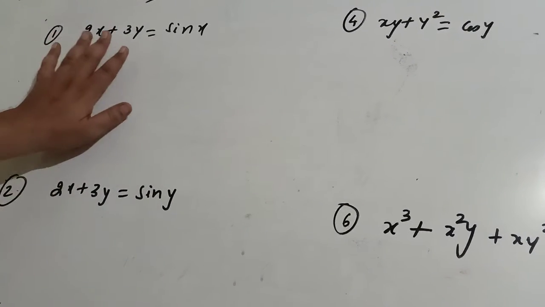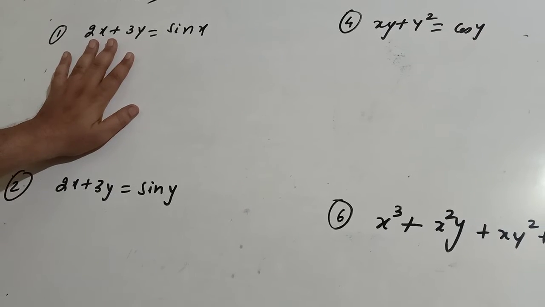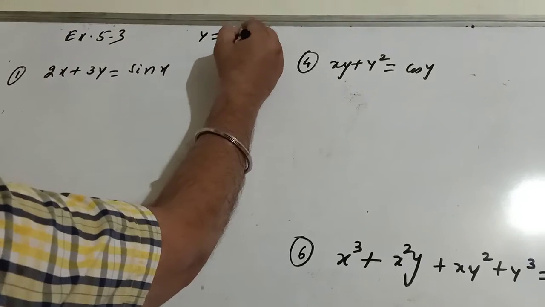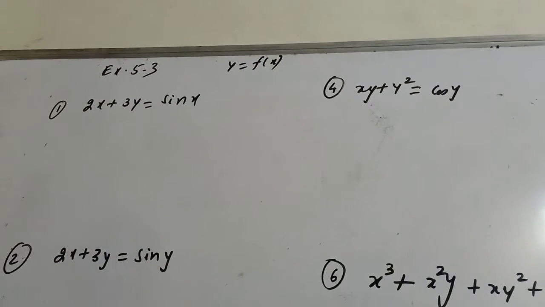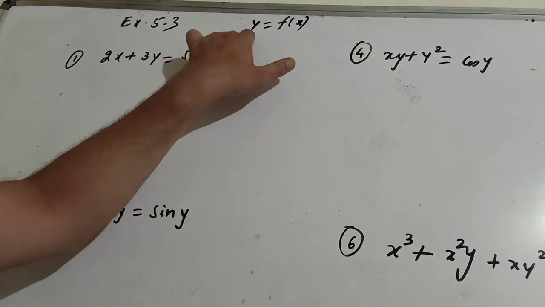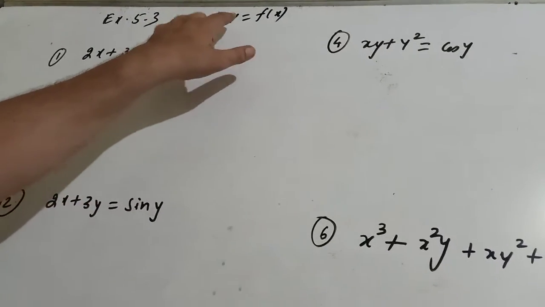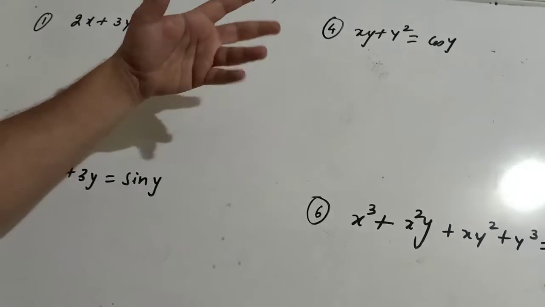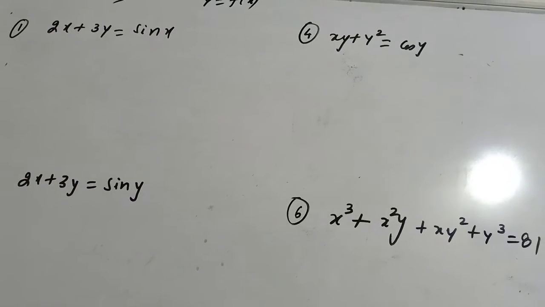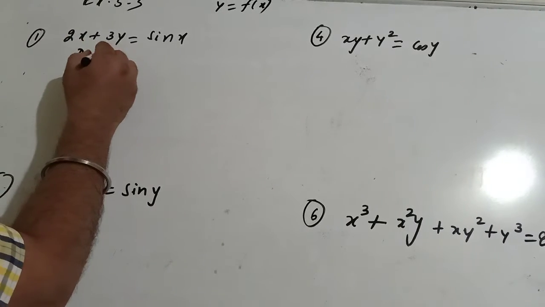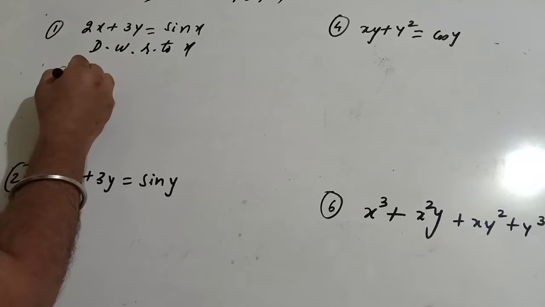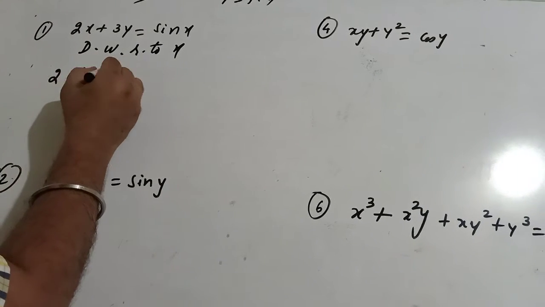Like here, find the differentiation with respect to x. Before that, you should know y is a function of x. Remember that. Y differentiation should be there. If it is a, b, any alphabet constant, that will be 0. But y cannot be 0 because y is also a function of x. Like here, if you are doing differentiation with respect to x, 2 differentiation of x is 1.